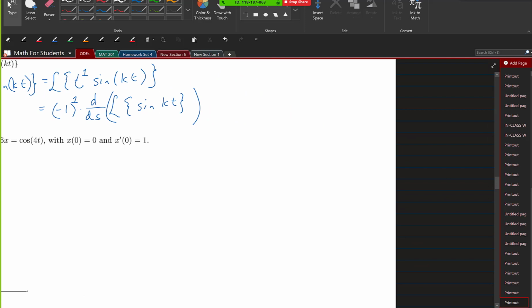So folks, be careful. Whenever you're taking a derivative, you've got to identify with respect to what. I can't actually compute this until I evaluate that Laplace transform, but we know how to take the Laplace transform of the sine of kt. It's just k over s squared plus k squared.